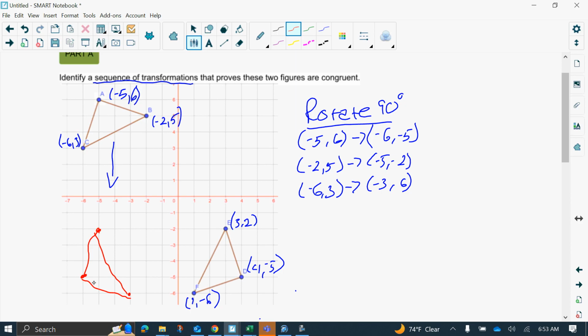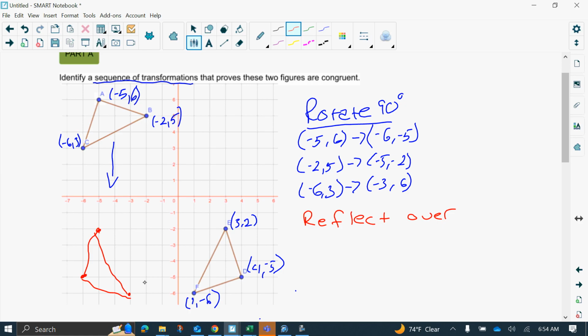And so if I reflect this now, this point could go there, this could go there, and this can go there. And so now it's just a matter of, what do I reflect over? Now, I could reflect over the y-axis and then translate it back the number of spaces. And that would work. That would be a sequence of 3 transformations.